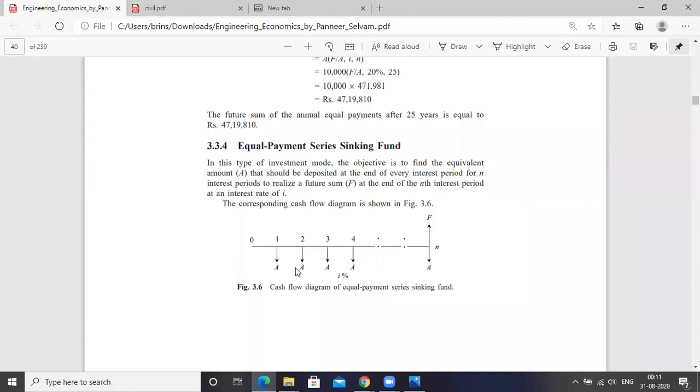equal payment series sinking fund, first you have to understand the equal series compound amount factor.